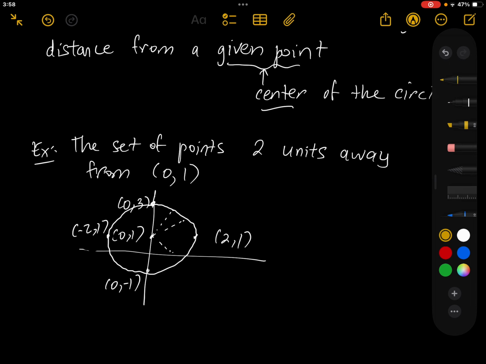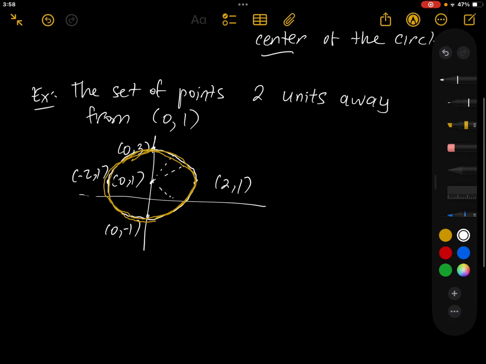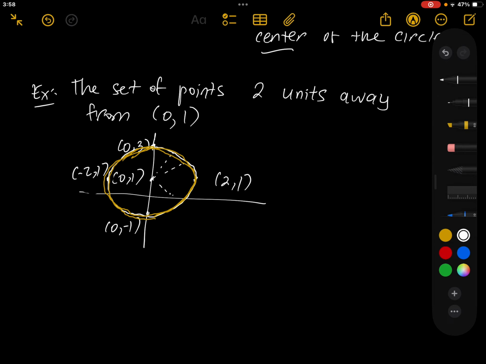The points that I just drew, that's the circle. That's an example of a circle. A circle always has a distance and a point. And so (0, 1) is the center of the circle.